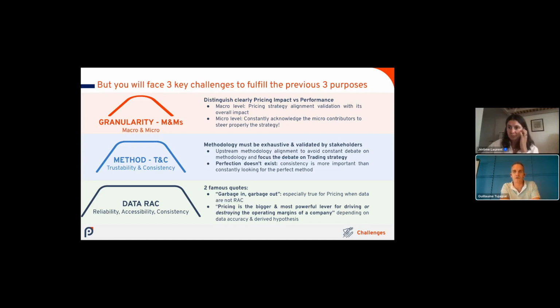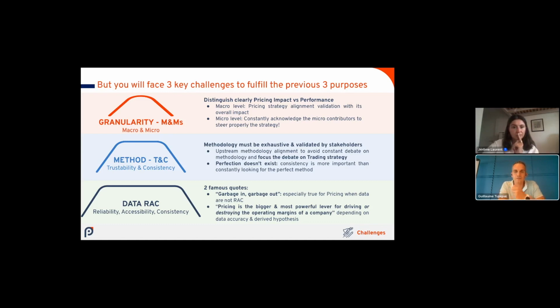When we say that pricing is the biggest and most powerful lever, we could also put it the other way around and say that it could also be the most powerful lever to destroy value. Even though it's not a great sales message to say that, it is actually true. If we were to base our assumptions on inaccurate, inconsistent, or polluted data, then it's very likely that the outcome of our pricing recommendations will actually be destroying value. Hence, this data RAC is for us the basis and the first challenge to solve.